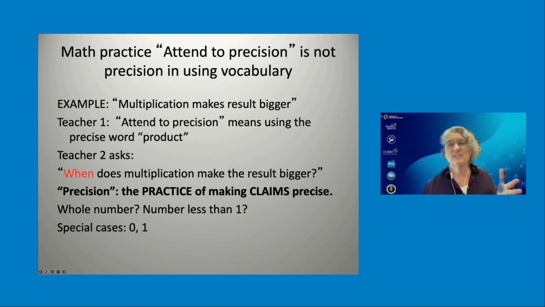And then you can get into what we absolutely love in mathematics, special cases. What happens when you multiply by 0? What happens when you multiply by 1? So again, the point of this example is that attending to precision is not fundamentally about the precise word. It's very important to engage students in the practice of making claims more precise.